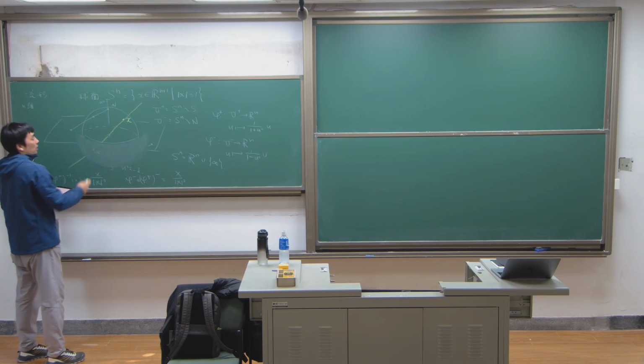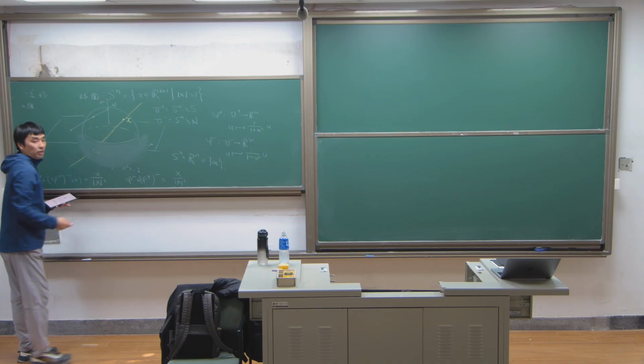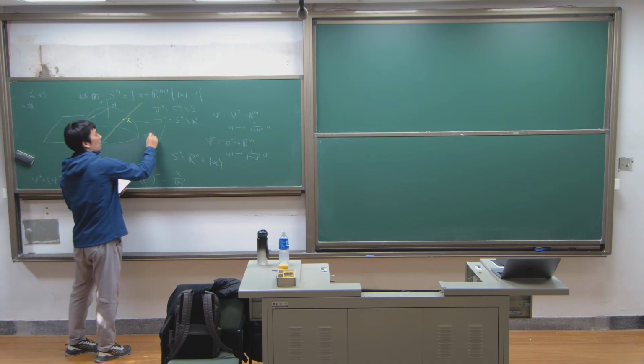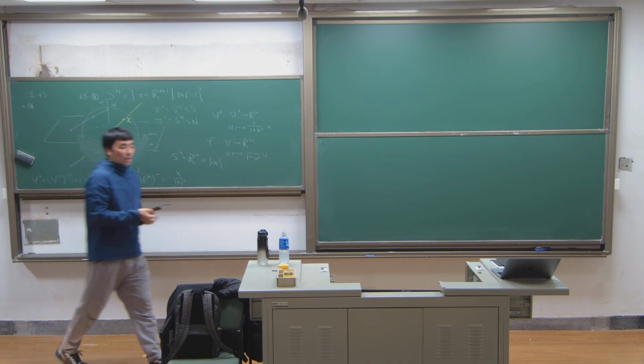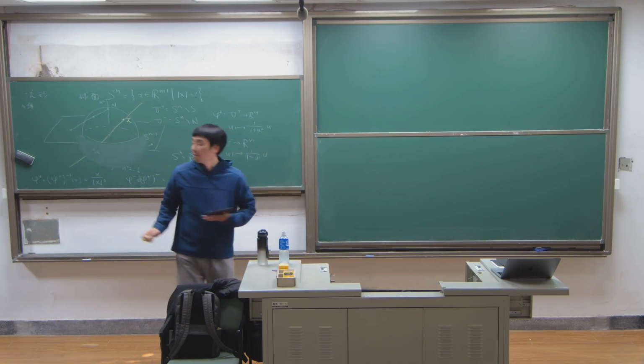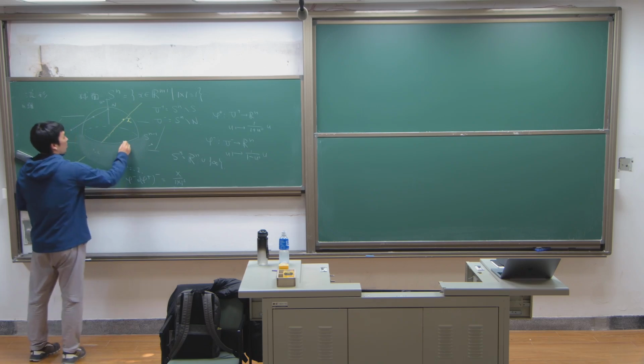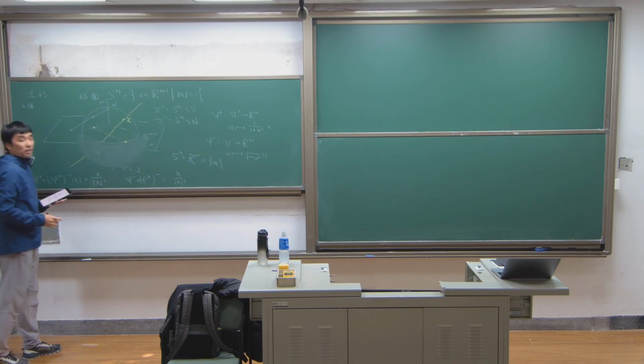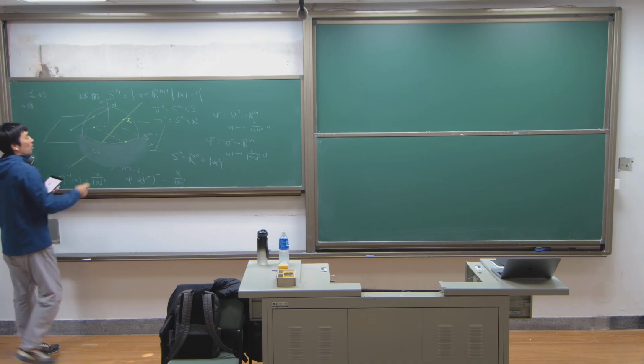And then if you consider this equator, the equator is Sn minus 1. But you have to identify the opposite points. So this point is identified with this point, this way, and so on.